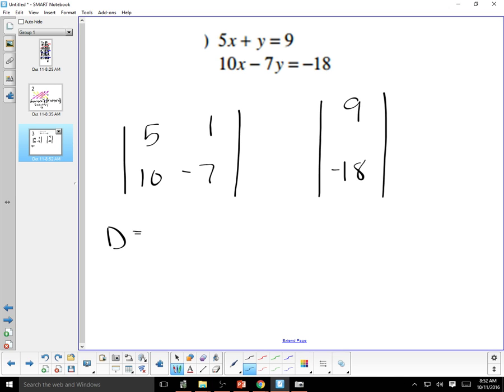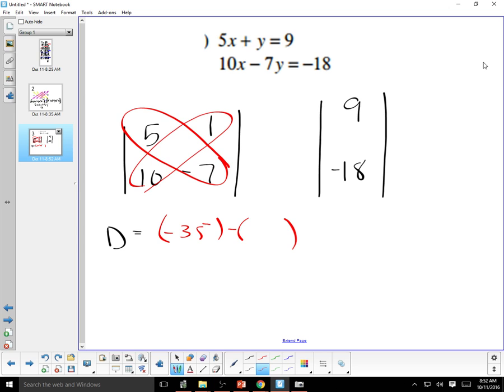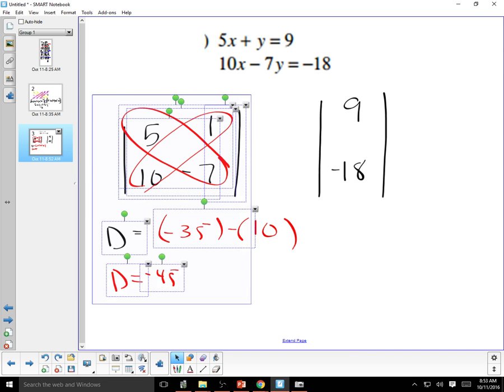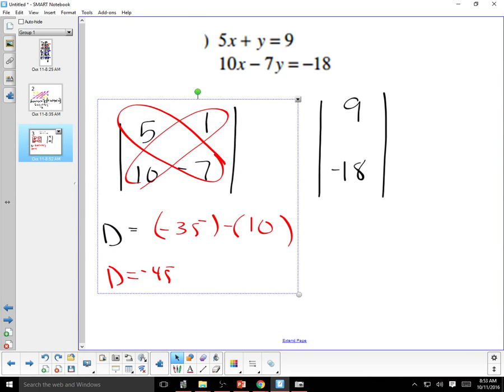That's simply going to be, what's 5 times -7? -35. Subtract from that 10 times 1, which is 10. So that means the determinant is how much? -45. Good.